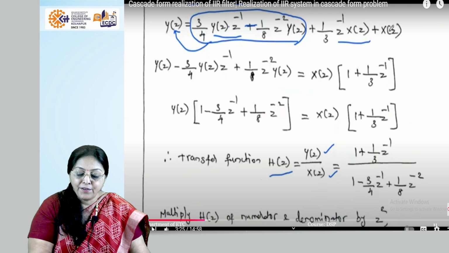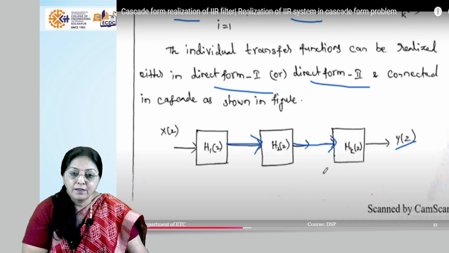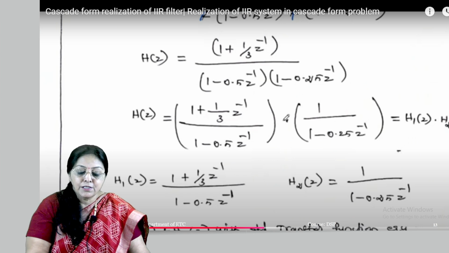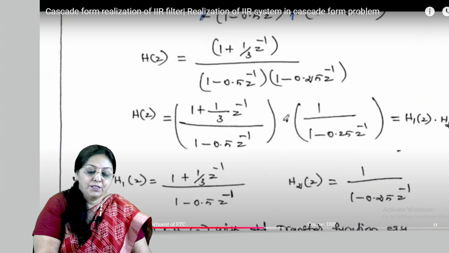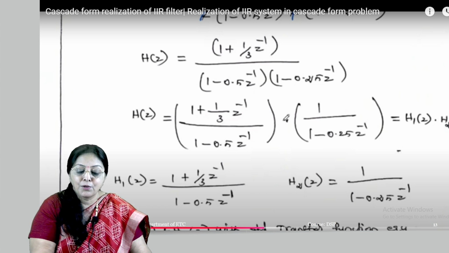We are making the factorization of the denominator parameter, right? After the factorization we get 1 minus 0.5 z minus 1 and 1 minus 0.25 z minus 1. So, these are the two factors estimated for the denominator.